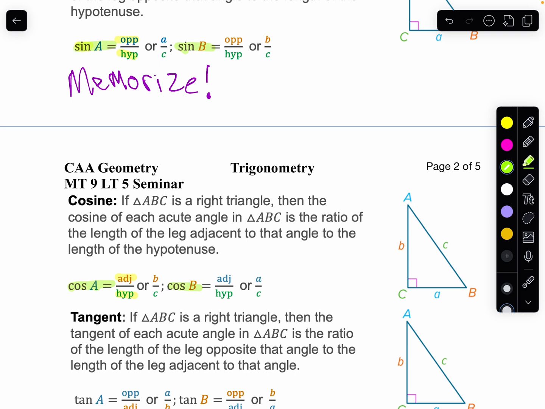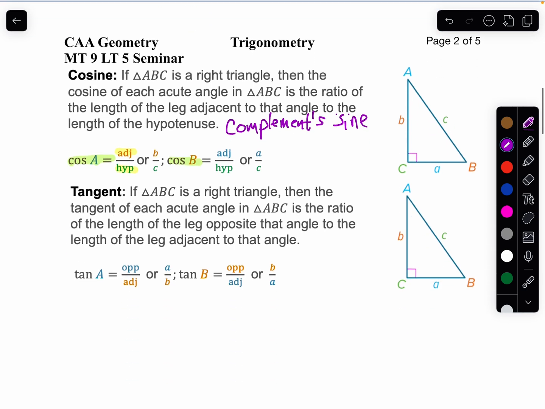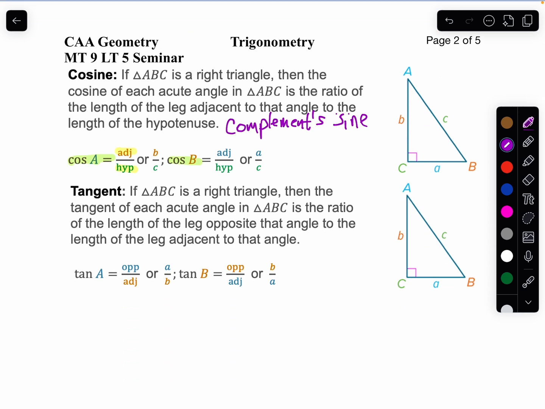Because cosine is an abbreviation. It means the complement sine. We don't even have to use cosine, but we do to save us some time and effort. But it just means the complement sine. The tangent is the opposite over the adjacent.